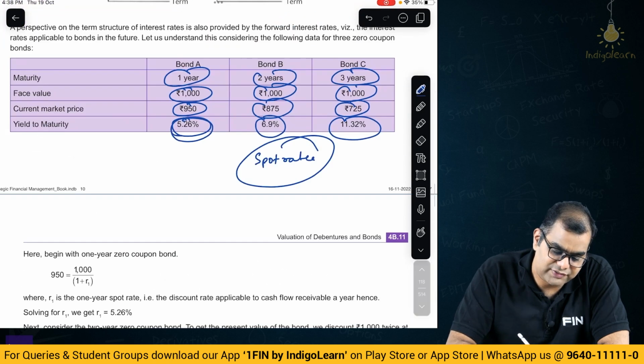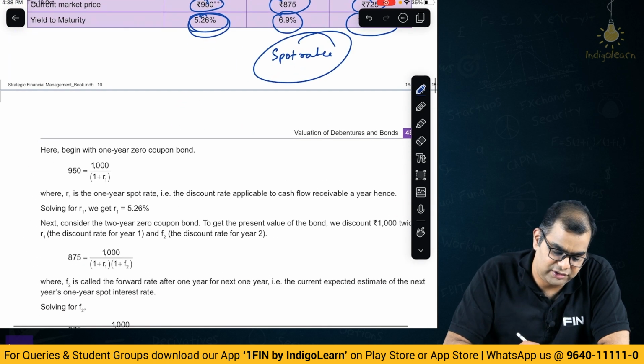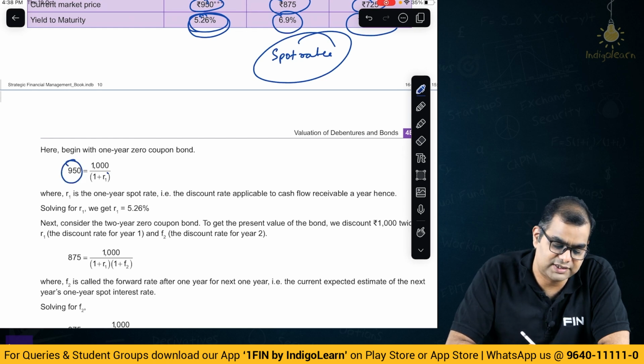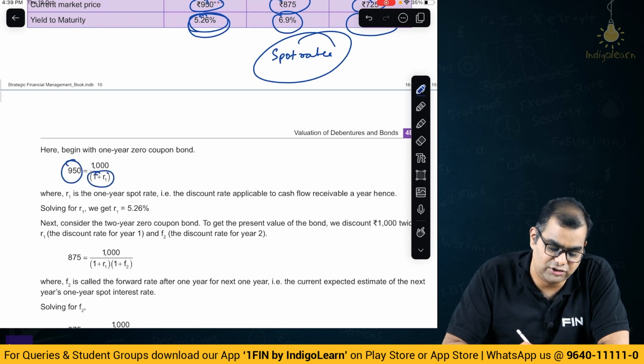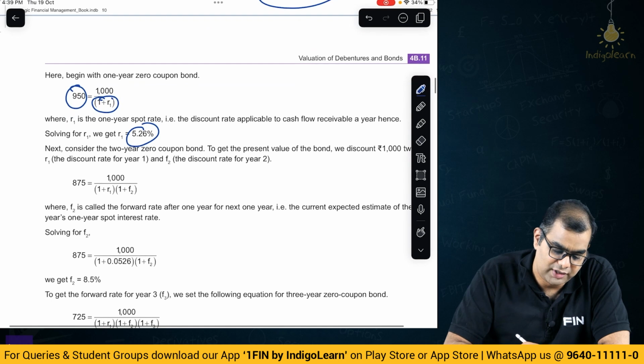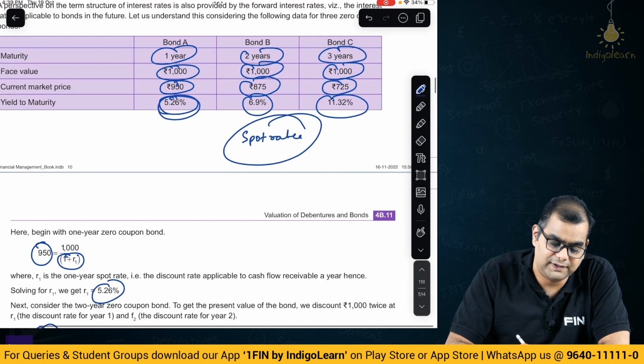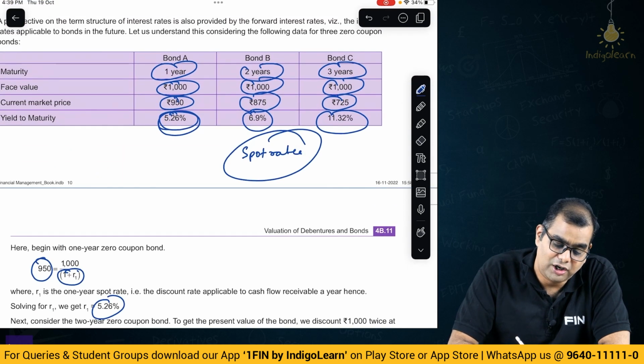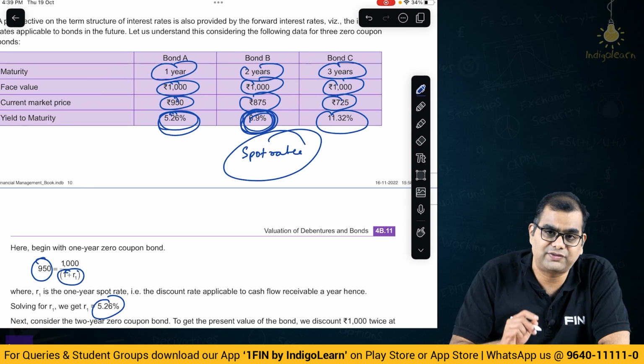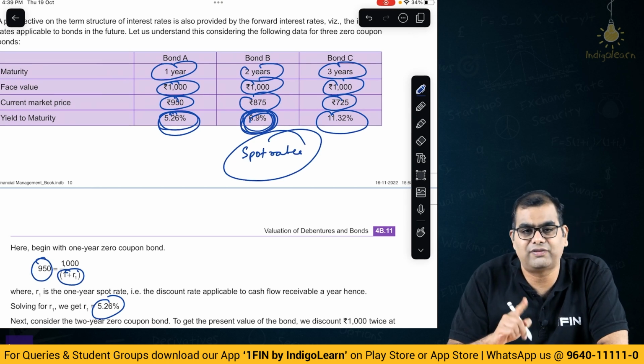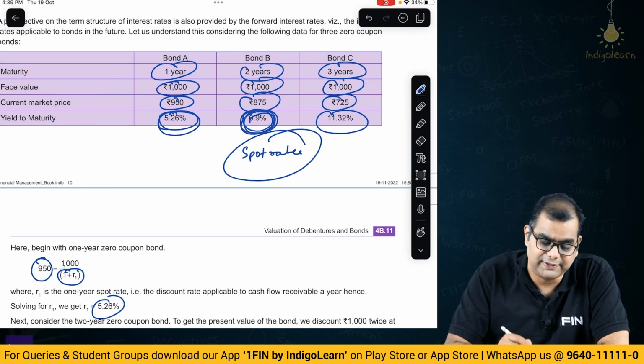So, how did you get this 5.26? When the price is 950, you divide 1000 by 1 plus R, and with 950 as the price, you solve for R, you get the value of R as 5.26. For 875, the 2 year rate is 6.9, that is from year 0 to year 1 6.9, year 1 to year 2 6.9, right.